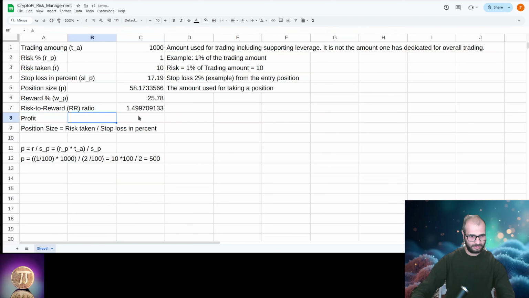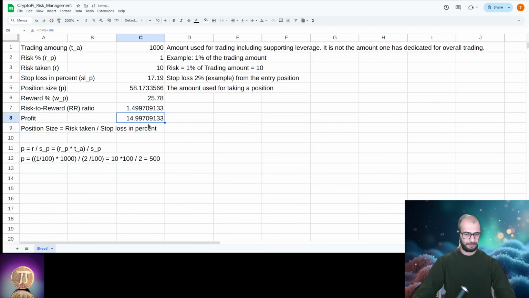Let's calculate profit. My profit will be my position size plus my position size multiplied by my reward percentage. Oops, that's not correct. Something messed up. Oh, that's a percentage, so it has to be divided by 100.